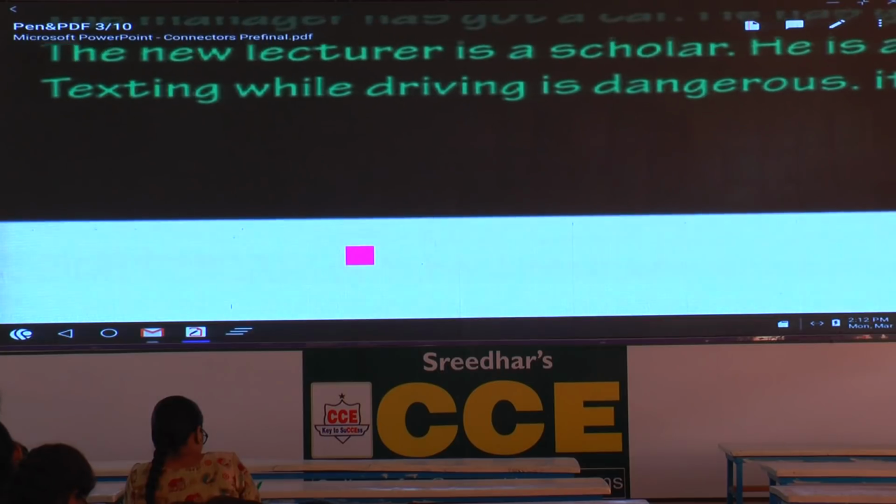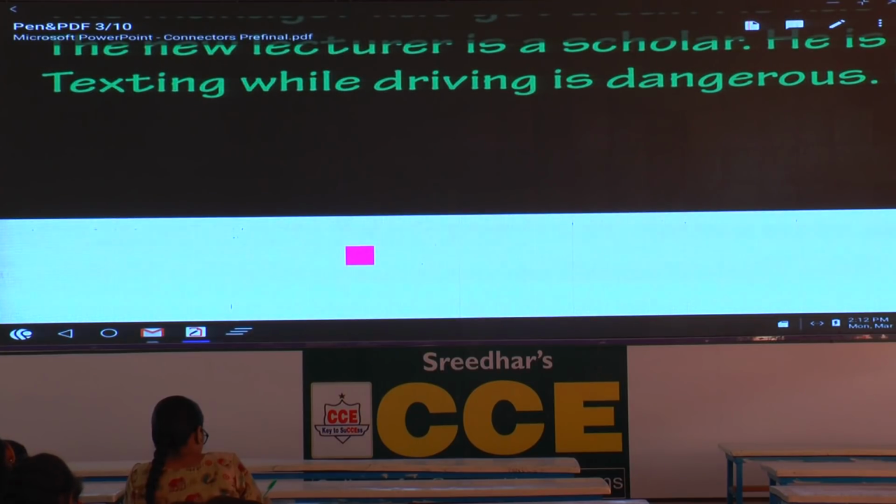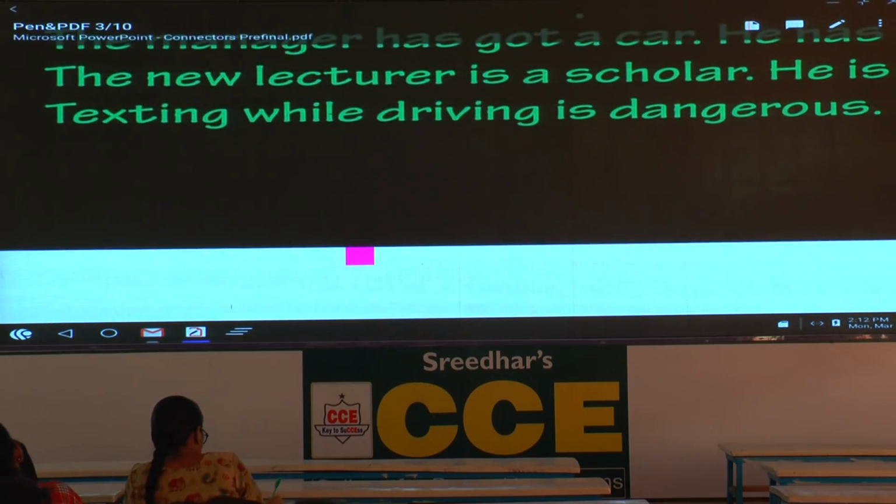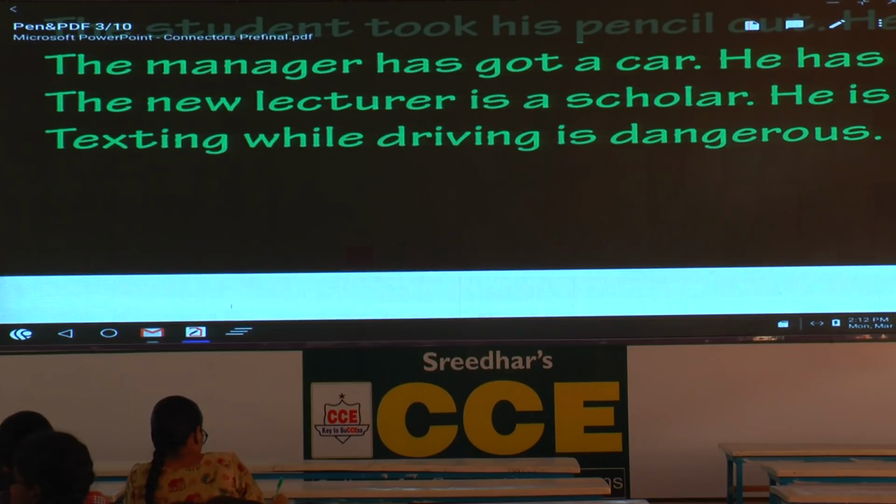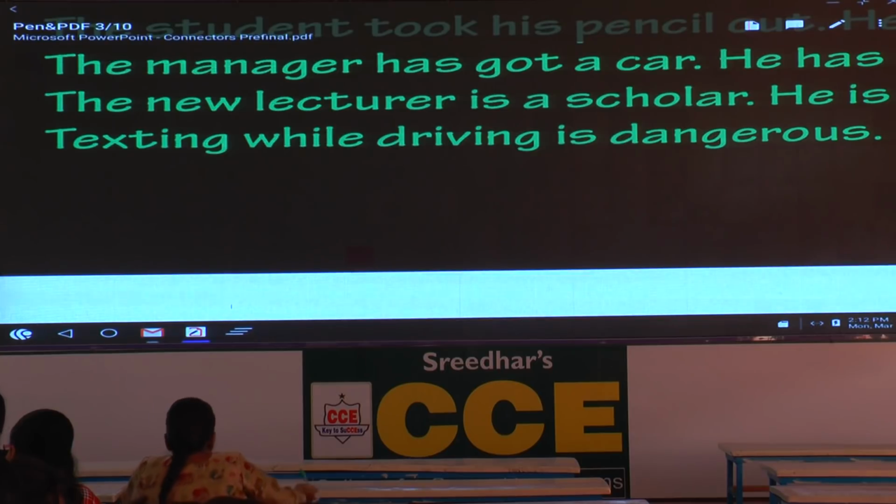Next one. Texting while driving is dangerous. Why not? Here you could use different words related to addition. That's a very good doubt. Please remember, when I say one particular example, it doesn't mean that you have to use only that one.